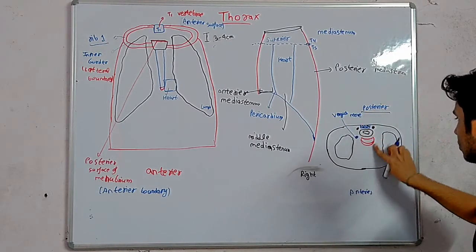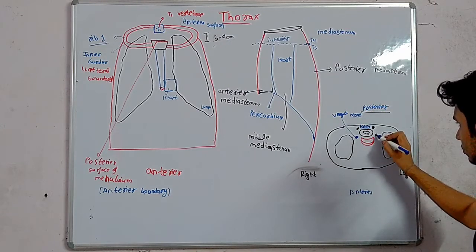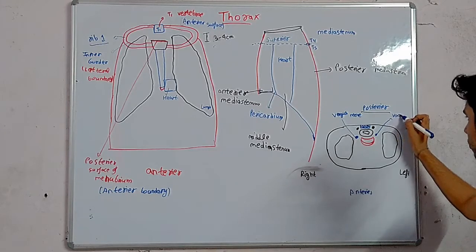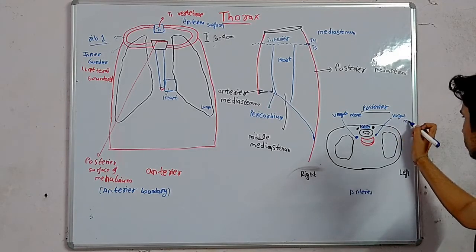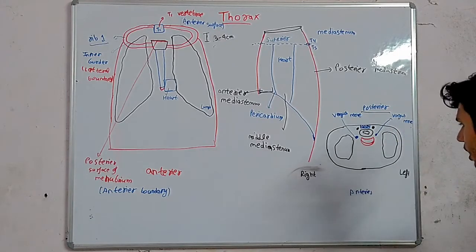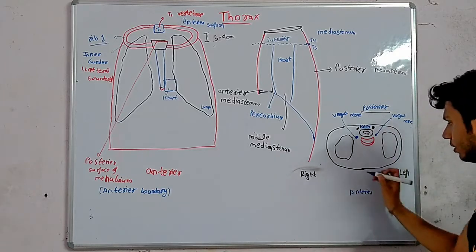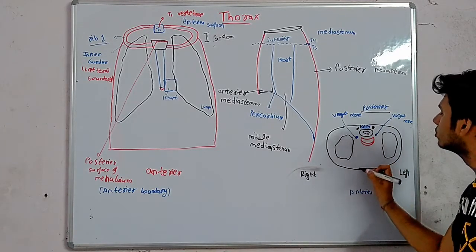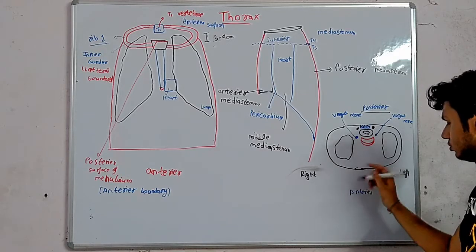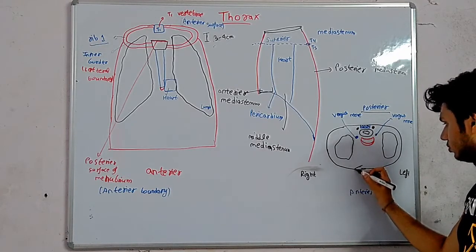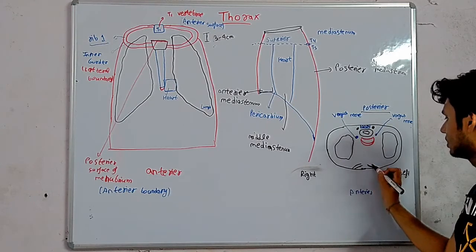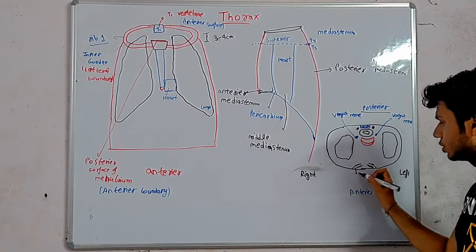This is also vagus nerve. And anteriorly, we know some muscles. These are the muscles. Which one?